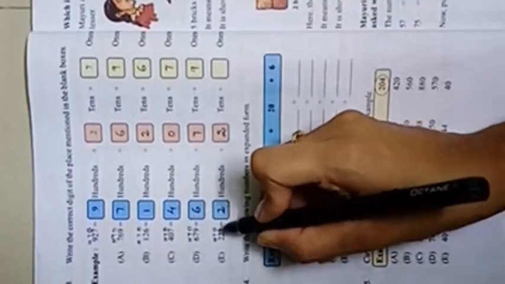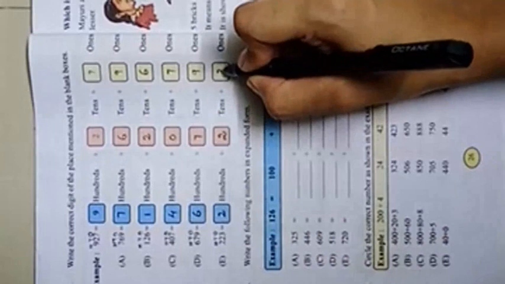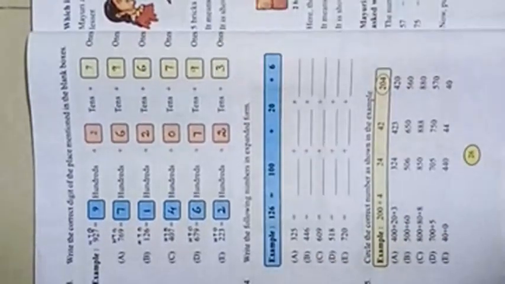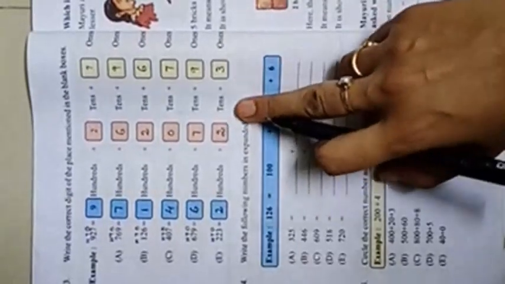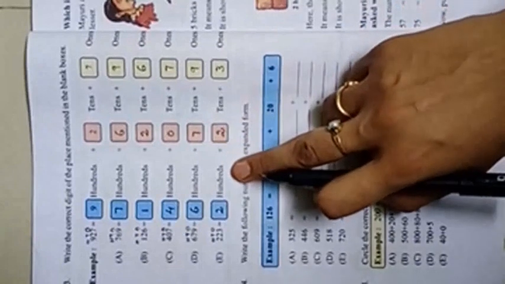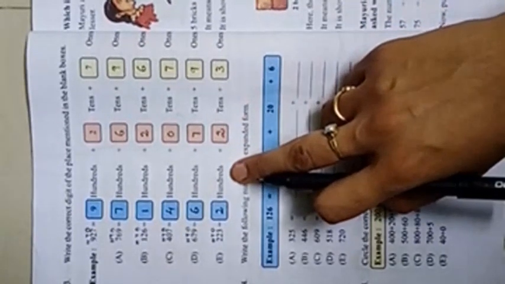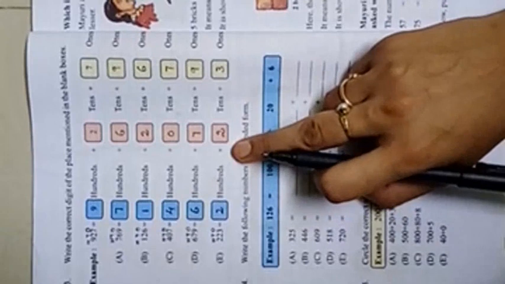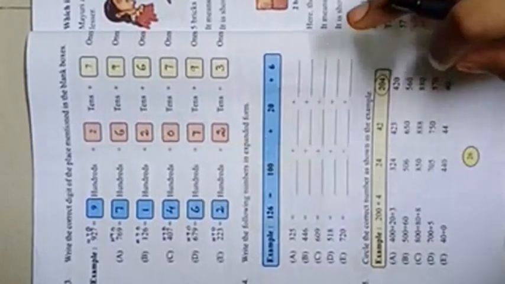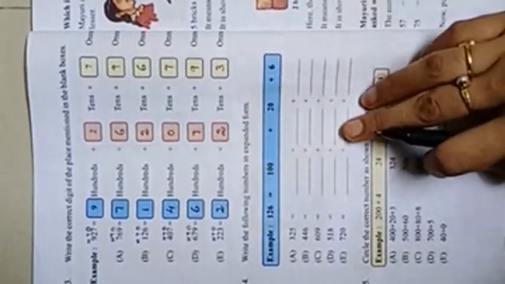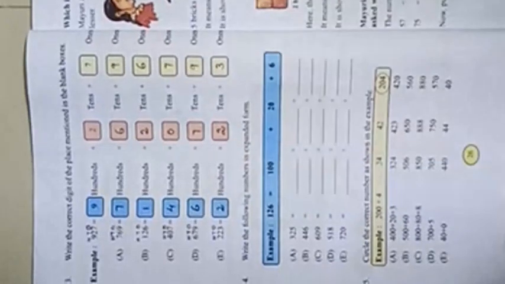And how many ones are here? There are 3 ones. Finish. Today, I am going to give you homework related to this bit, children. You solve it on your own. I hope you understood this bit very nicely. Let's go to the next bit.